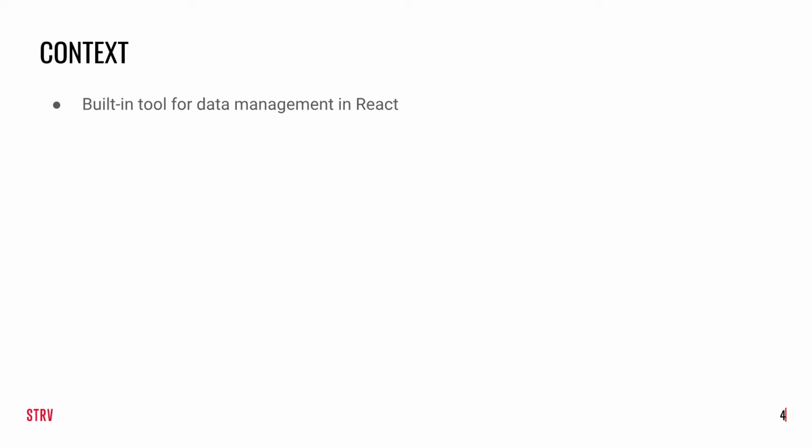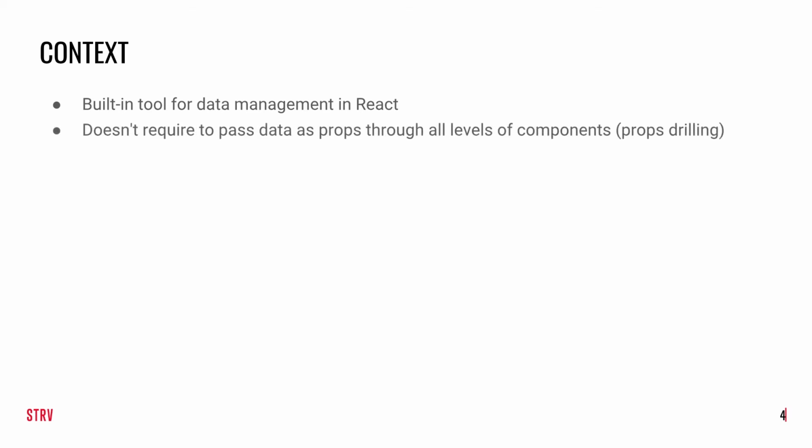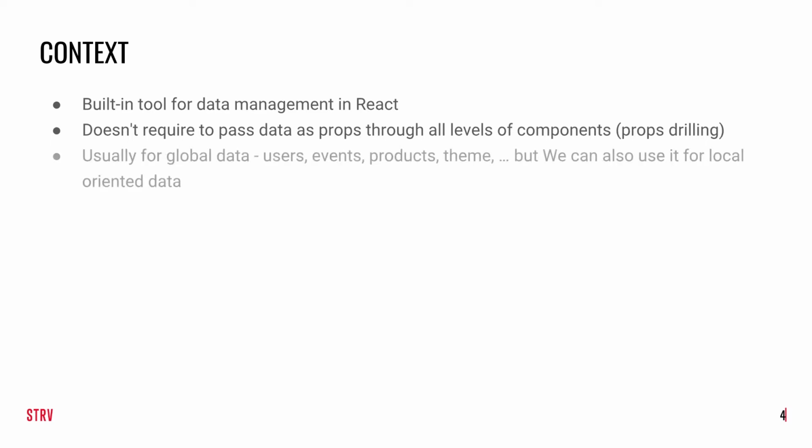So context has been with us in React from the beginnings, I guess. It's another built-in tool for data management. It doesn't require passing data as props through all levels of components. This is the props drilling issue.